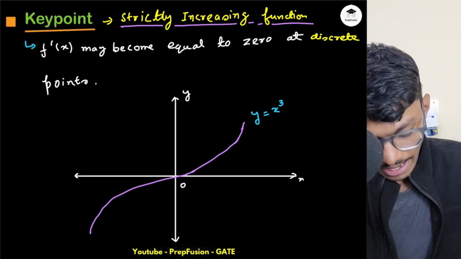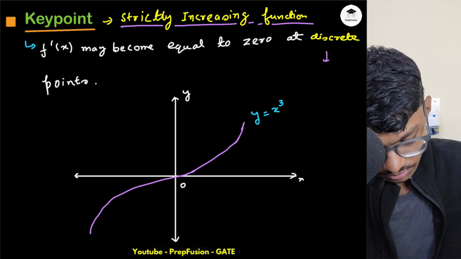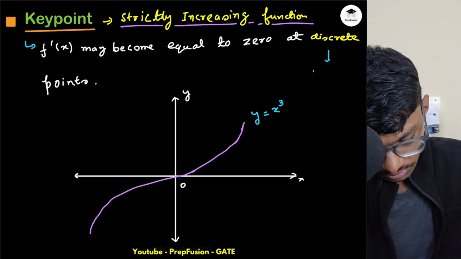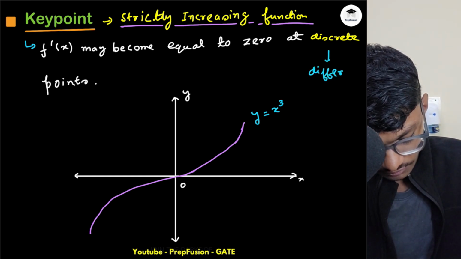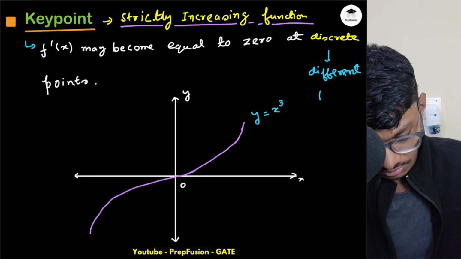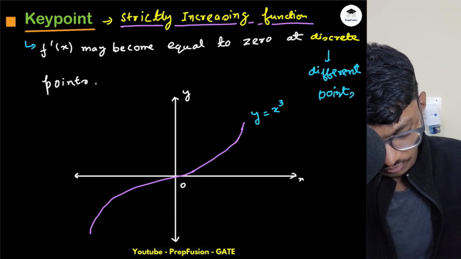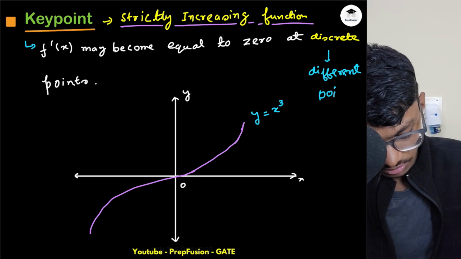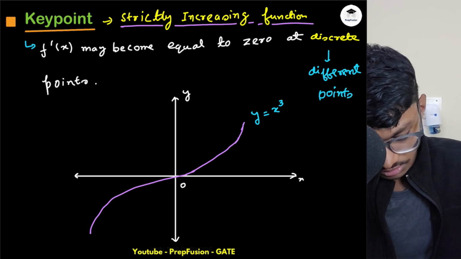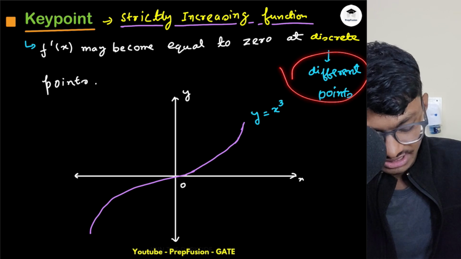So at different points. What do I mean by this? When we see the converse of this, there we will understand this better. At different points. Okay, discrete means different points.